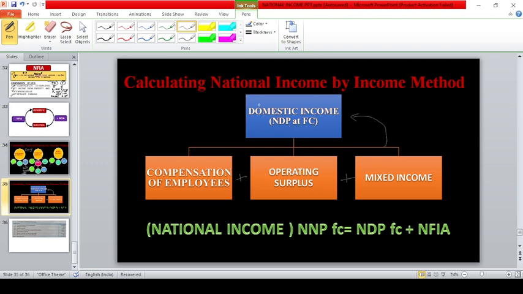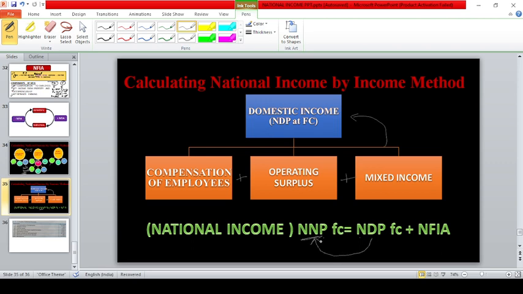After calculating domestic income, we are going to calculate national income, that is net national product at factor cost. Net national product at factor cost is the national income. So how are we going to calculate NNP at factor cost? With the help of NDP at factor cost, which we calculate with the help of COM. So N and N is same, you don't have to make any change over here.